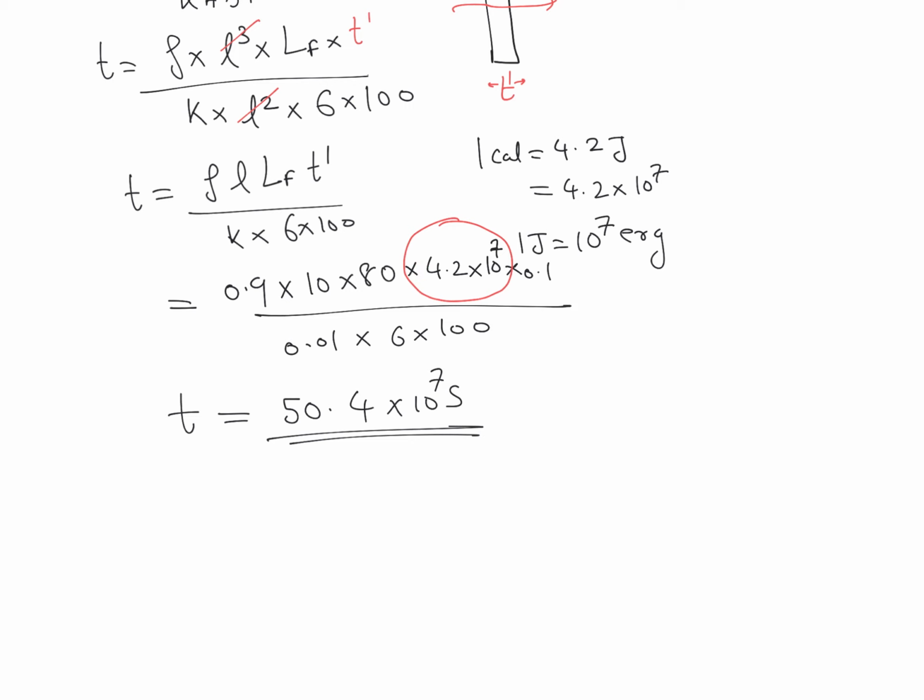The unit of heat energy in CGS system is not calorie. So we need to convert calorie into joule and joule to erg, then we need to put this value. You need to convert it into CGS system because everything we should write in one system. And calorie is not the unit of heat energy in CGS system. So the answer will be 50.4 into 10 raised to 7 second.